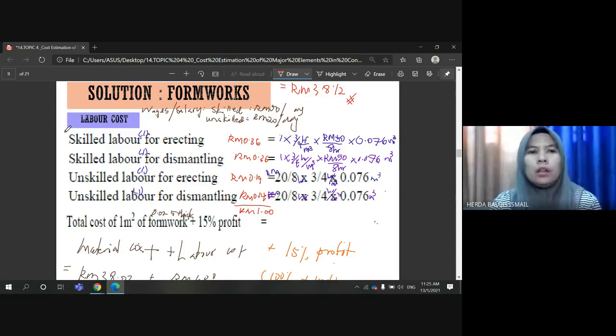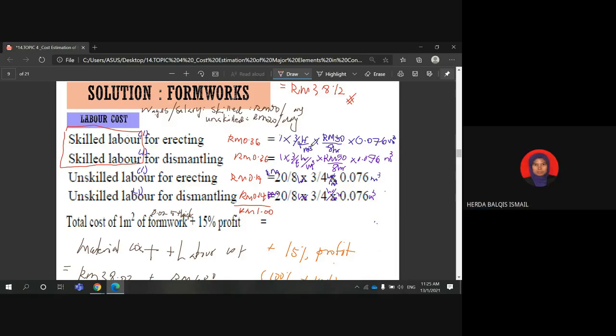You can write according to the types of labor: skilled labor for erecting one, and for dismantling one worker. It requires 3/4 hours to erect 1 cubic meter of timber.